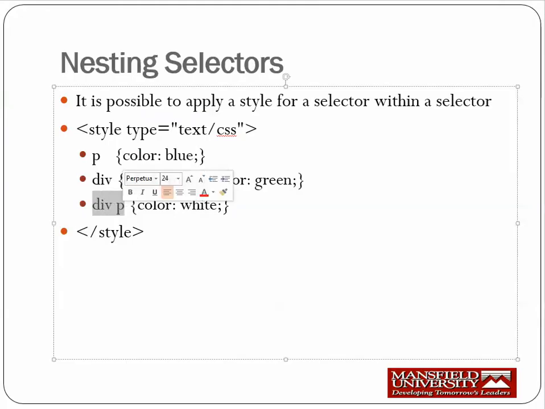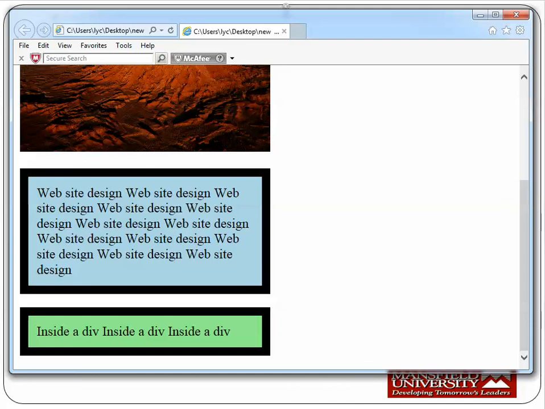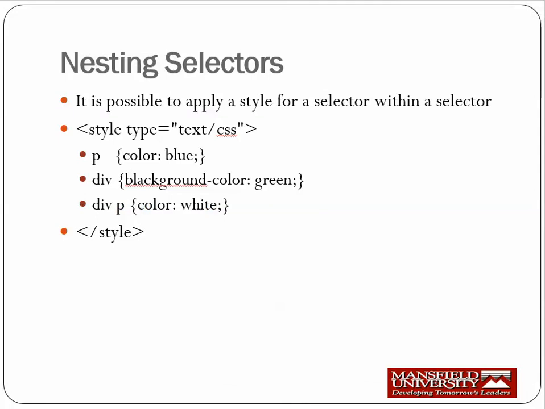Why is it nesting? Because this paragraph inside the division is different from this paragraph. So this is a nested paragraph. This is the outside paragraph. Sometimes we have something inside a division and something outside, and we can control them differently. So that's the idea called the nesting selector.